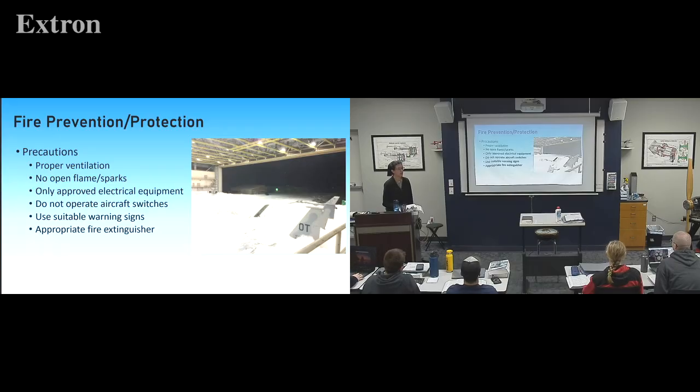No open flame or sparks, which should not be around any aircraft anyway. If you need electrical equipment, it must be approved, properly grounded. Don't be operating aircraft switches when you're cleaning inside the aircraft because you could accidentally have a spark. Make sure you're using suitable warning signs. So, slippery floor. These products are in use. Do not be smoking your cigarette.